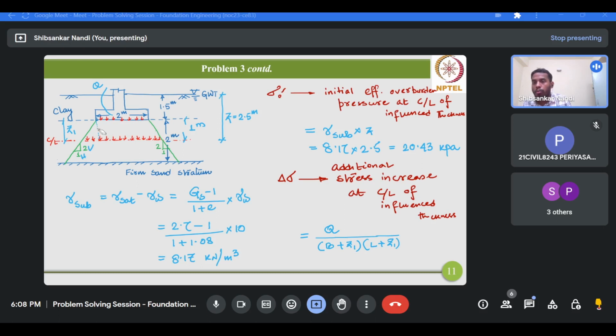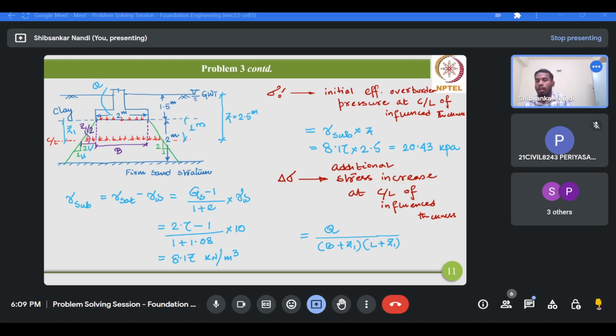Okay, so if we draw two vertical lines from two edges, this value is basically B. Now this distance we have basically covered. During the load distribution, this value would be Z1 by 2, since the distribution is taking place at an angle of 2 vertical is to 1 horizontal.